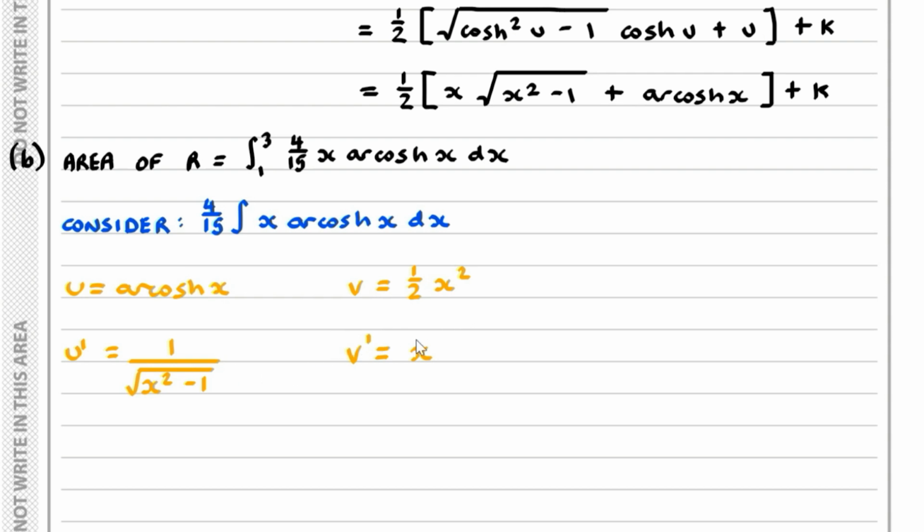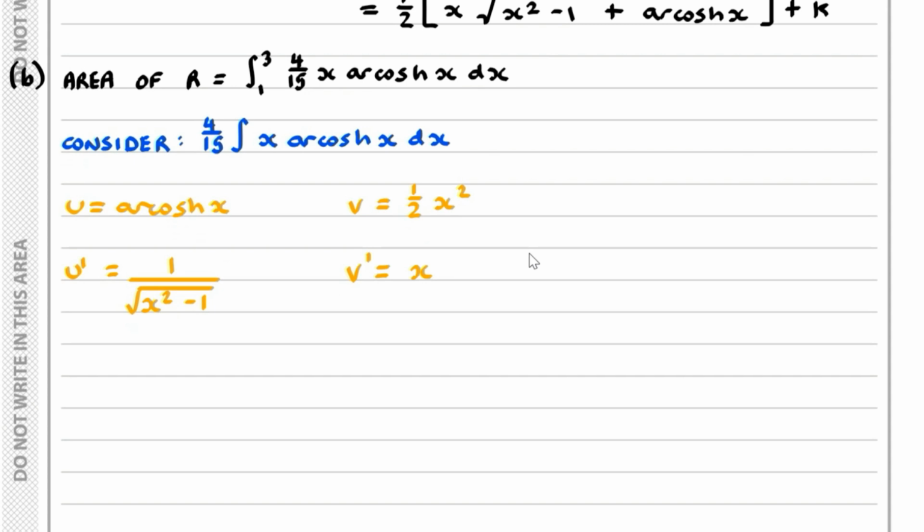So when we come to use integration by parts, you can see then 4 over 15 lots of the integral of x times by inverse hyperbolic cosine x with respect to x. This is equal to, well, we've still got the 4 over 15. And then if we open up a big bracket, we've got v times by u.